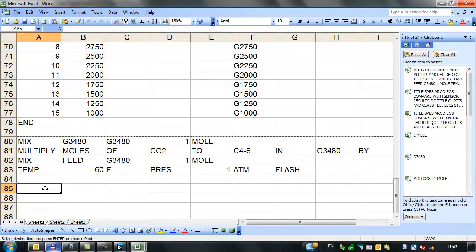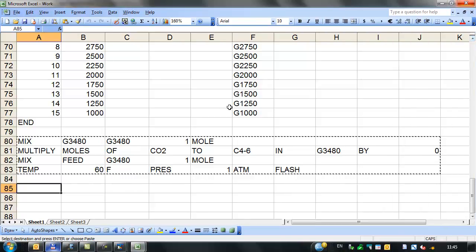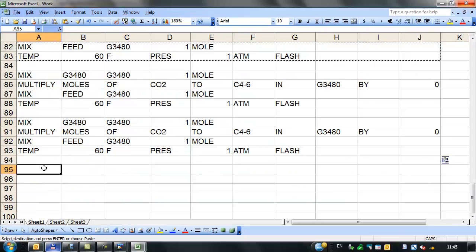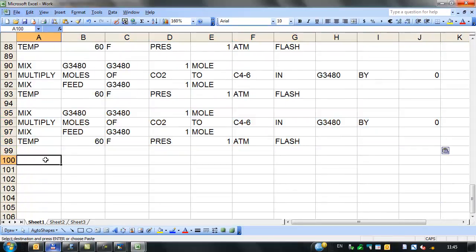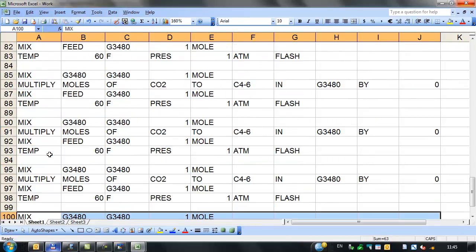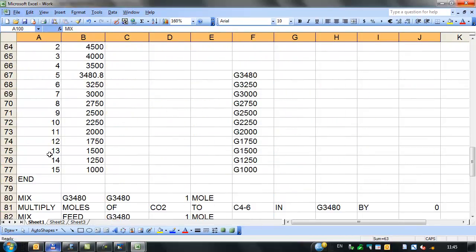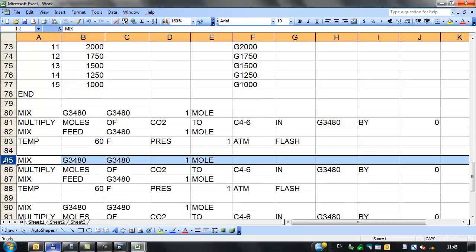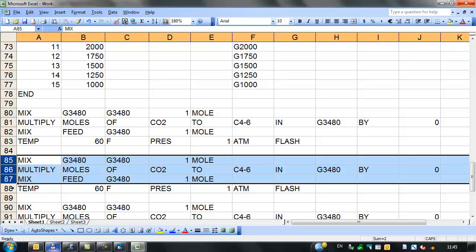I can do a few of them, do them all if we weren't getting tired. So I'll just go in and do some of them. We'll do 3,000, 2,000, and 1,000 just to get a feel for it.